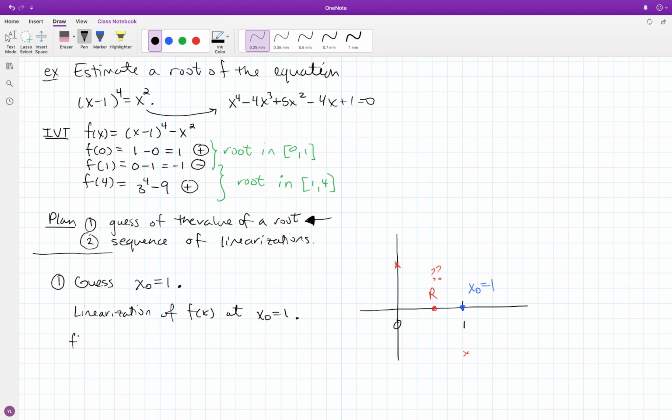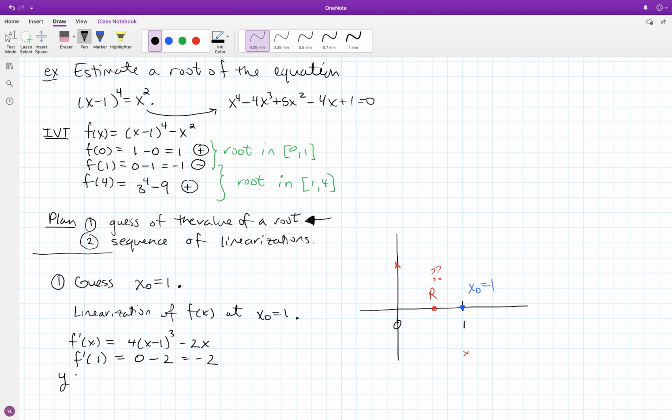So what does that take? Well, I'm going to need to take a derivative, of course. Using chain rule, and then we have this. So the linearization is just the tangent line. I've got -2. So I'm finding the slope of the tangent line at x equals 1 and using it to build the equation of the tangent line.